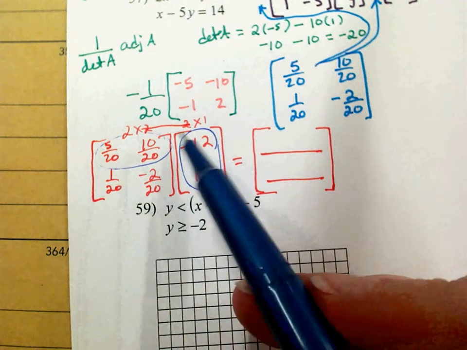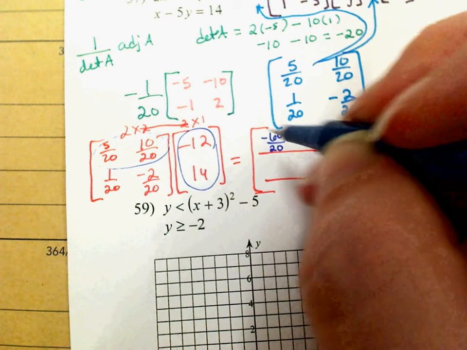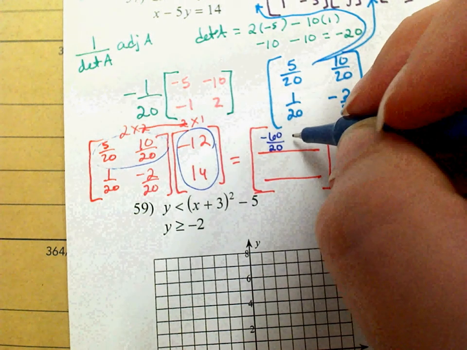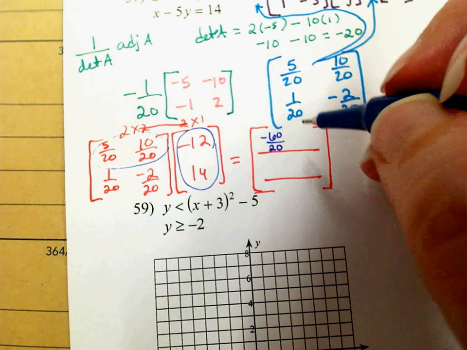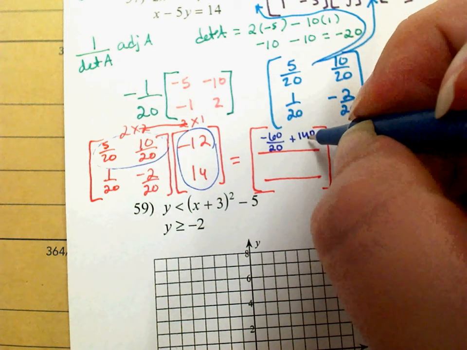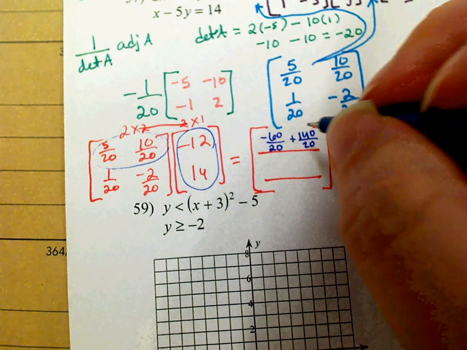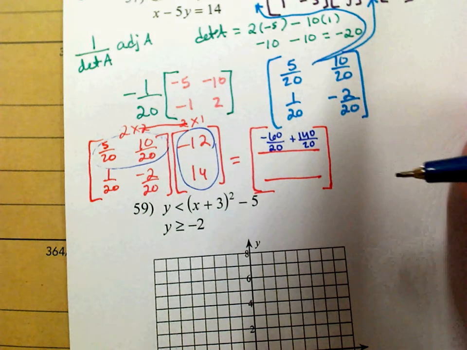And then 10/20ths times 14? What's 10/20ths times 14? 140 over 20. In this case, could we simplify if we wanted to? Sure, because you could say 70 and you could say 30 there. But either way, what's negative 60 plus 140? 80? And what's 80 divided by 20? 4.